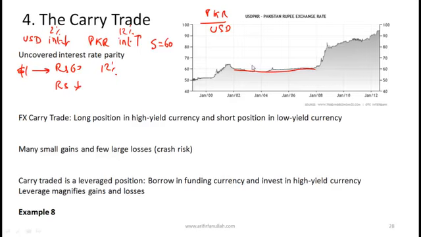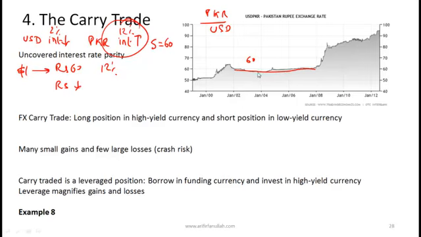The exchange rate is fairly stable at rupees 60 to the dollar, even though during this time there was a substantial difference in interest rates. So if an investor took dollars and used those dollars to buy rupees and invested at the Pakistan interest rate, he could make a substantial sum of money because the dollar was not appreciating based on uncovered interest rate parity. So clearly there was a profit to be made during this period.